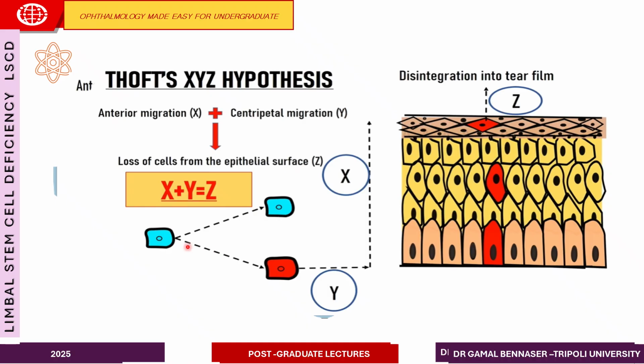If we look at this diagram, this is the mother stem cell that divides into a daughter stem cell and another transient amplifying cell.